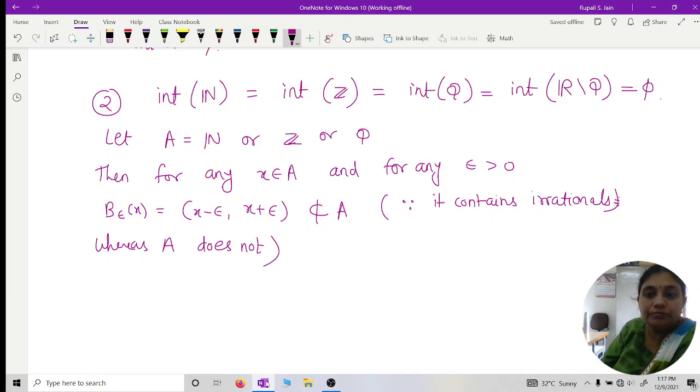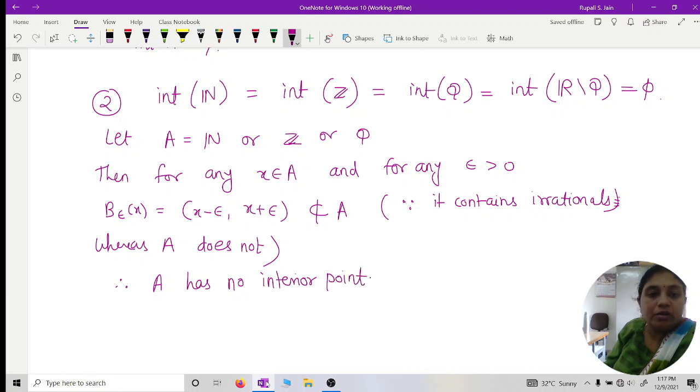Okay. Therefore, x is not an interior point. Therefore, A has no interior point.